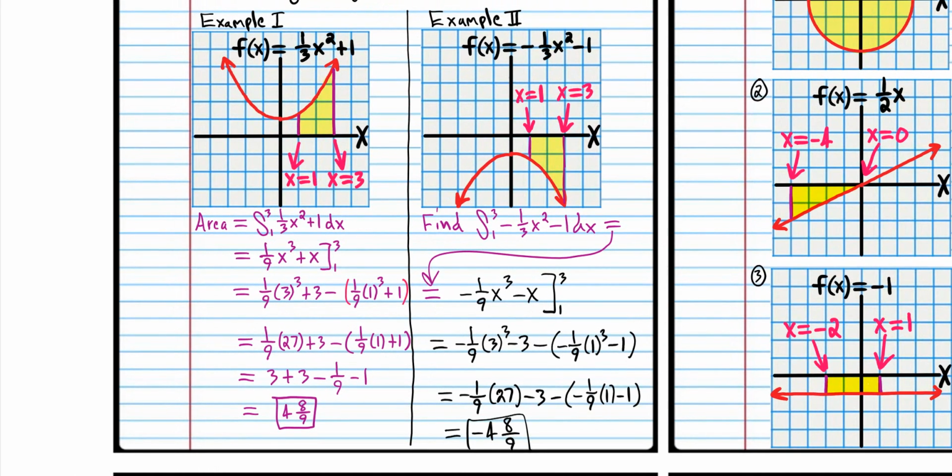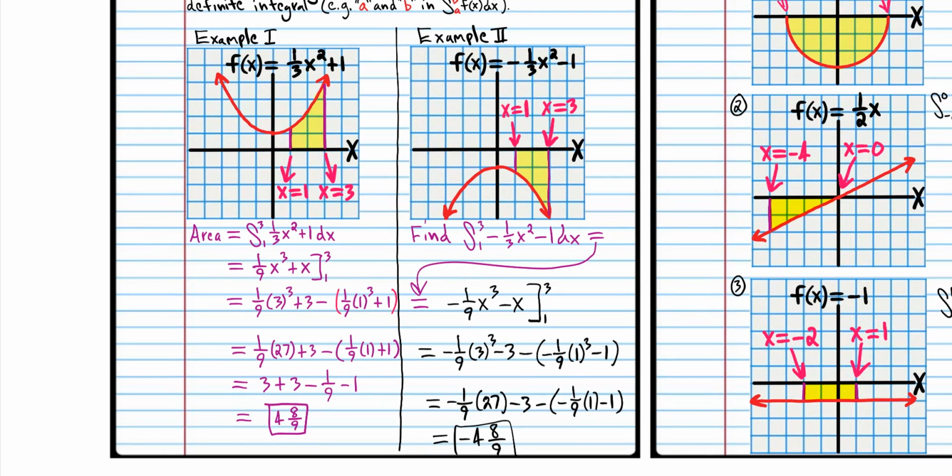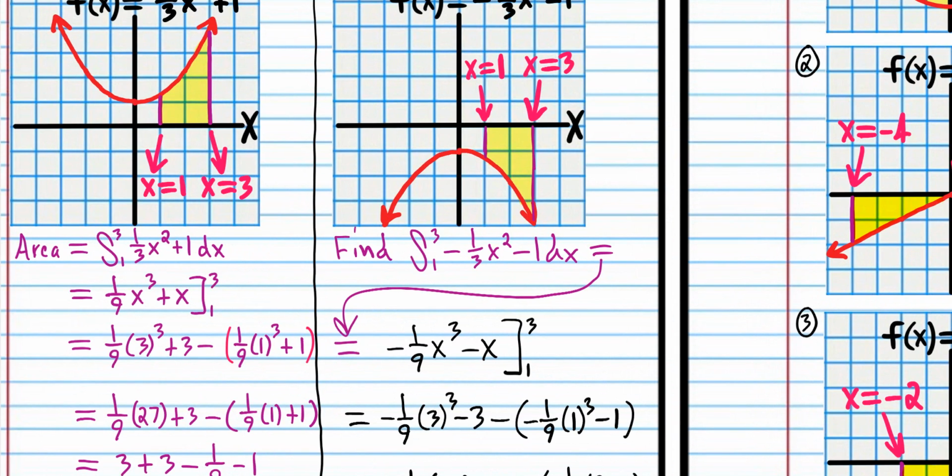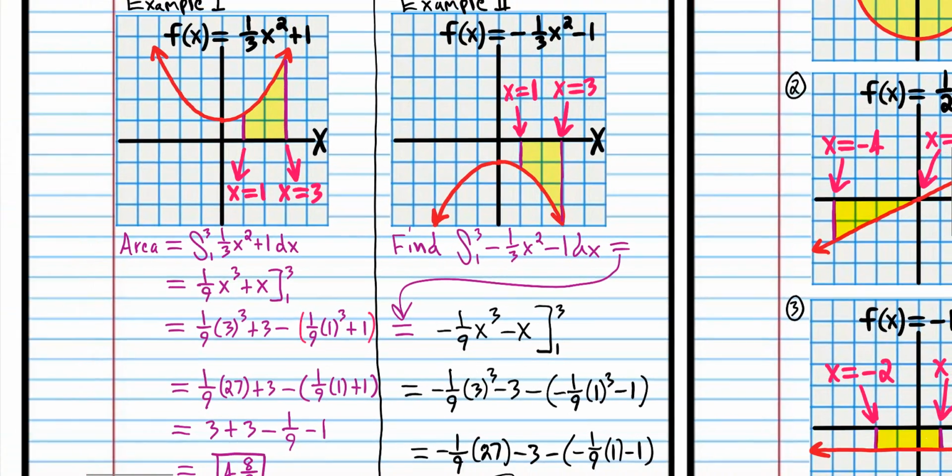Now, it's very important to understand that area in the real world cannot be negative. There is no such thing as negative area. But just by the definition of the definite integral, we can have values that are actually negative. So the integral itself, when you calculate it, can be a negative value, but that doesn't mean that there is such a thing as negative area.